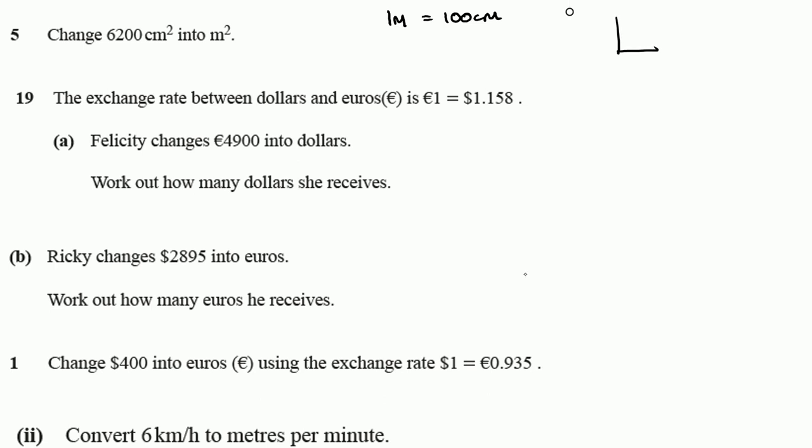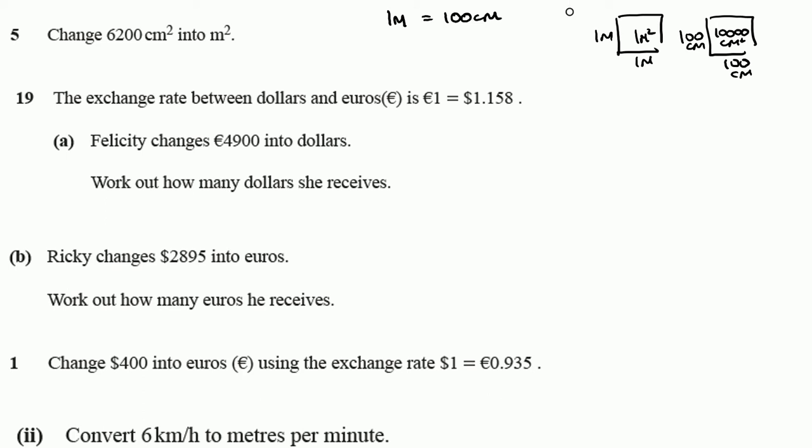Think about this. There's 1 square meter, but in centimeters I've got 100 on both sides. So we'd times those together. If those were centimeters, I would have 100 being used twice to get my squared centimeters. So I have to be very careful with squared and cubed units.